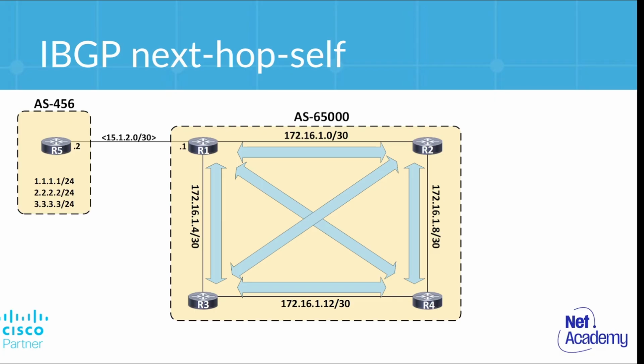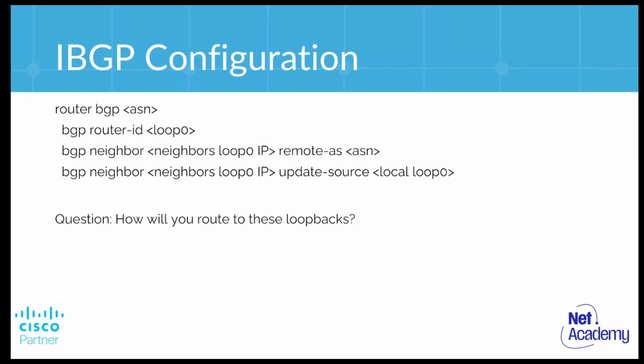Real quick, a look at how we might configure iBGP in general. We just start our routing process with router bgp and you assign it an ASN. You give that router process a router ID. I would always tie it to a loopback interface, in my case, loopback 0. And then I'm going to set up my neighbors, right?